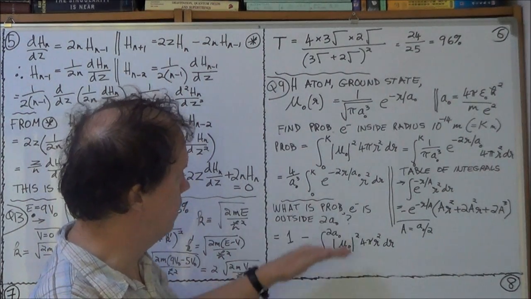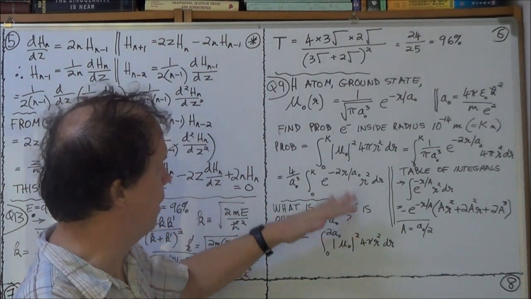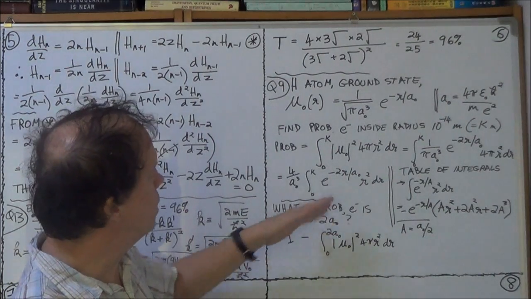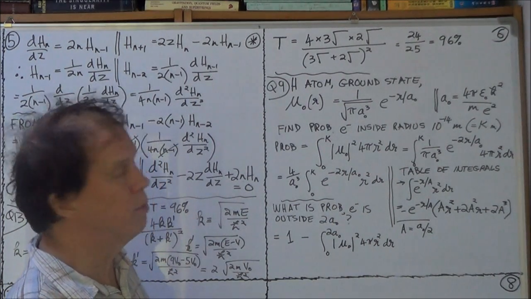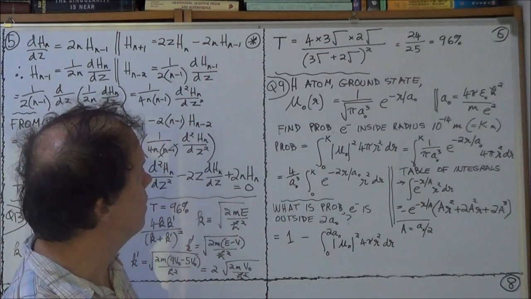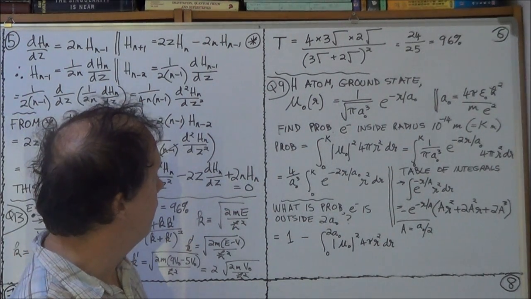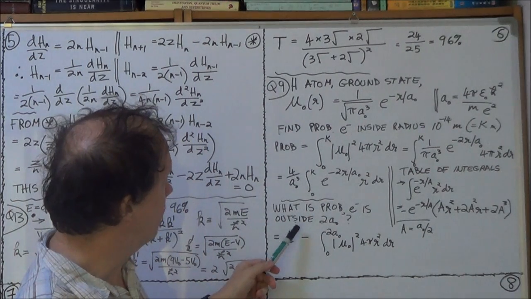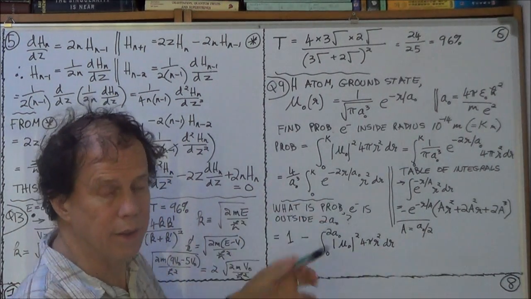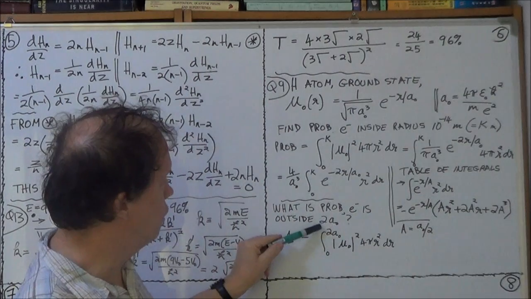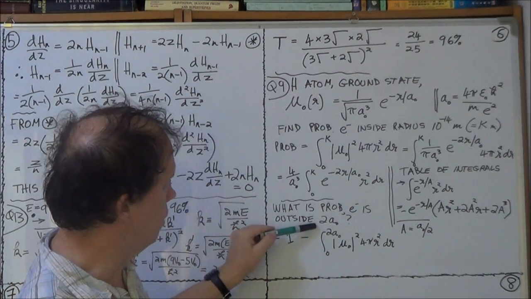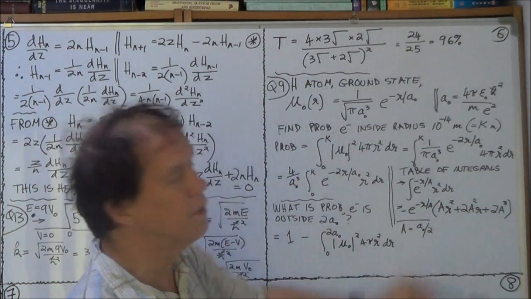All right, and a similar comment for the next part of it. Now, the second part of the question is, what's the probability of finding the electron, in the ground state, that's lying outside the sphere of diameter 2 times the Bohr radius. 2 a0, 2 of these.